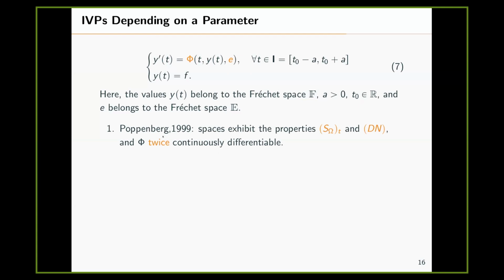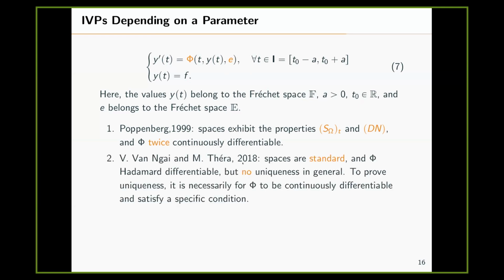Papenburg, in the late 90s, solved this problem not for arbitrary spaces, but for Fréchet spaces that have these two properties. He also assumed that the data function is twice continuously differentiable.